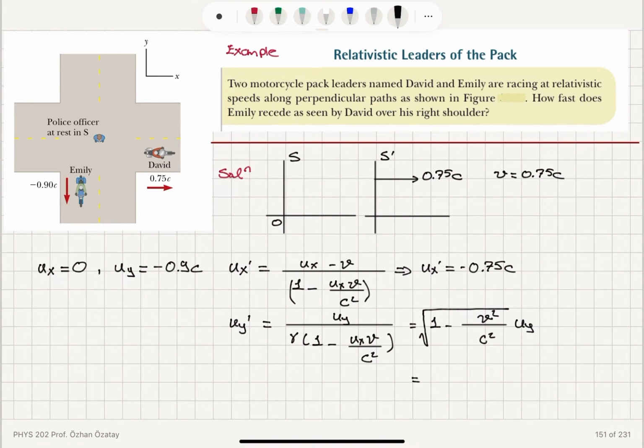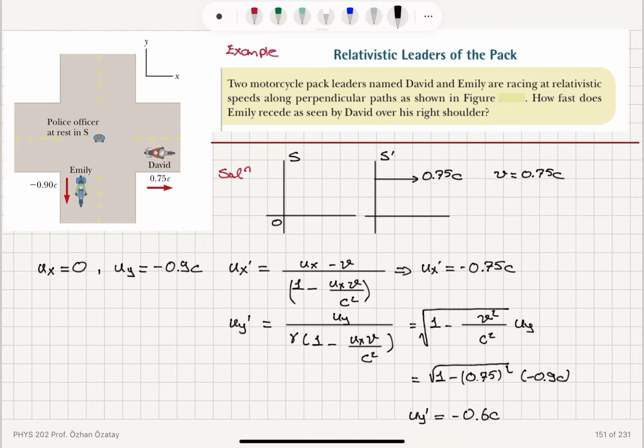If I substitute the square root of 1 minus 0.75 squared multiplied by minus 0.9 c, I obtain uy prime to be minus 0.6 c.